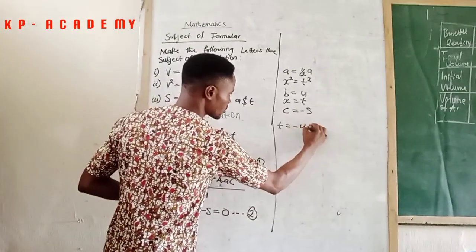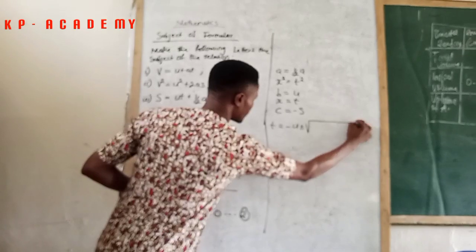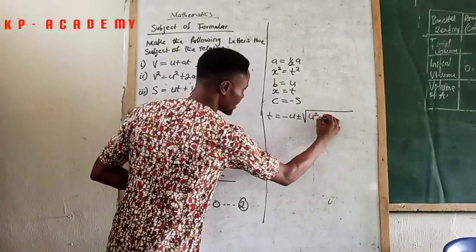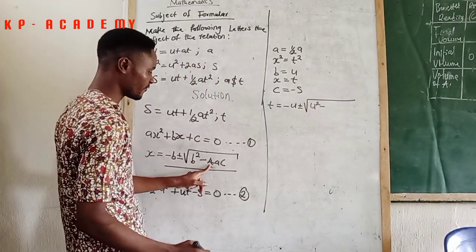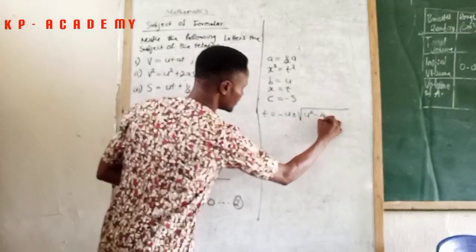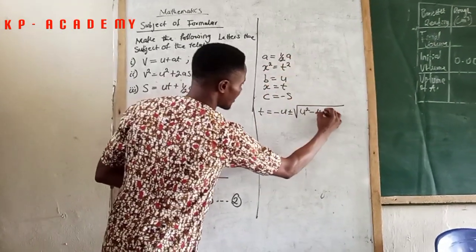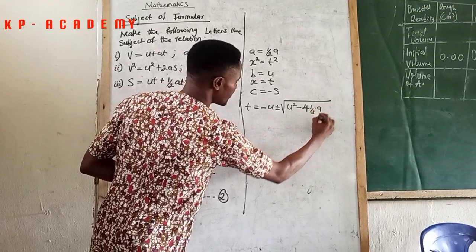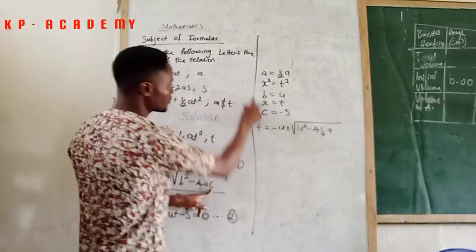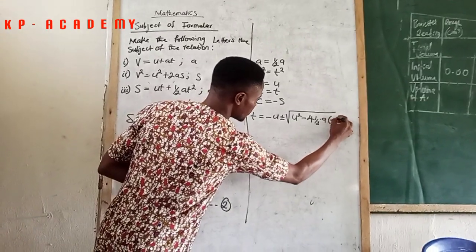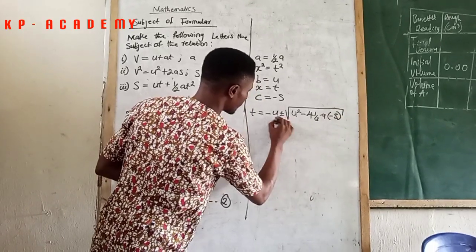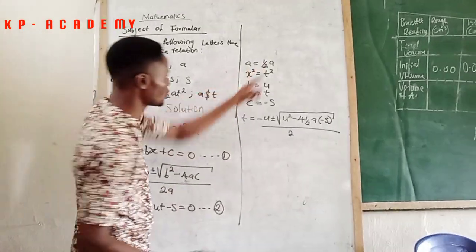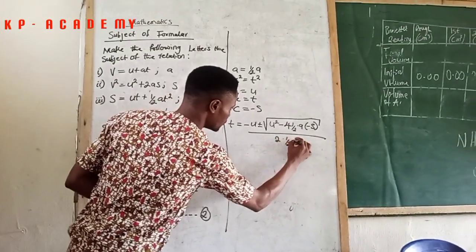So, minus u plus or minus the square root of b squared, and b is still u, so I have u squared minus 4ac. 4 here, then a is already half a, that is 4 times half a times c. Now c is what? C is minus s, times minus s, close bracket. Now all over 2a. A is what? A is half a, so 2 times half a.